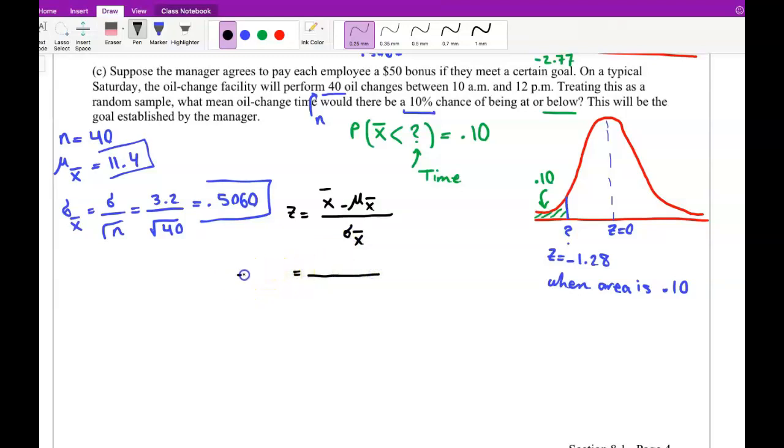So z is negative 1.28, x bar minus the mean, which is 11.4, and the standard deviation is 0.5060. Use cross product: negative 1.28 times 0.5060 equals x bar minus 11.4.